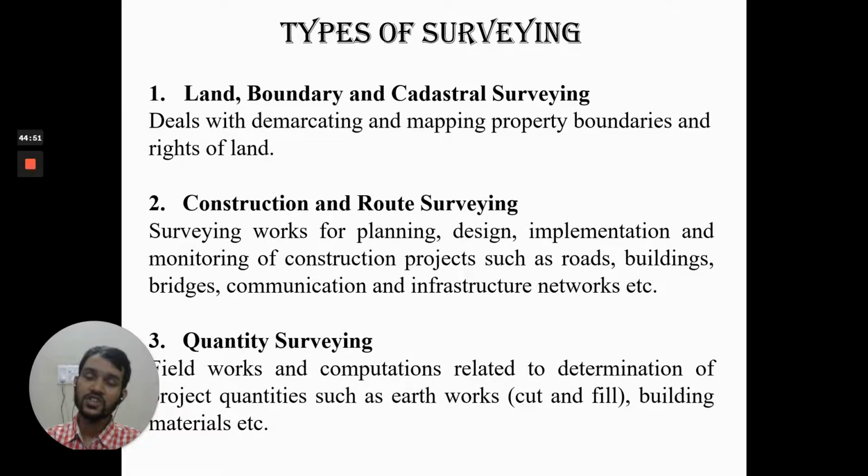For the design and implementation of the construction activity, we need to keep track of all the points, the horizontal points or the vertical points, so that we can start our construction activity. We can locate those points with reference to a certain baseline, a certain point that we consider as the benchmark. With reference to that point we can locate each and every point, and once we have located those points, we can start our construction activity.